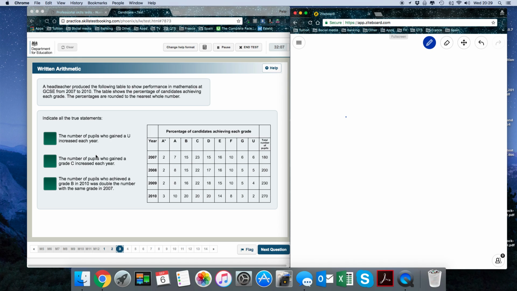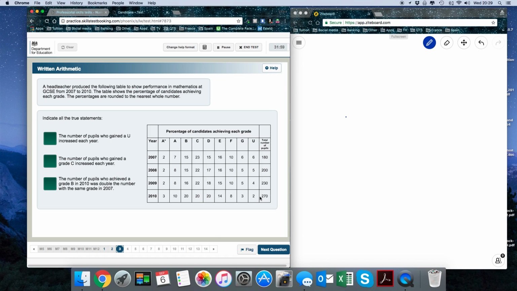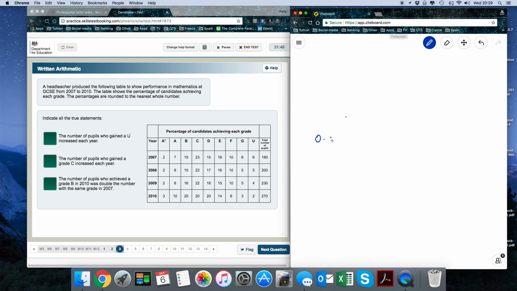Okay, so let's have a look at the first statement. It says the number of pupils who gained a U increased each year. So what most people do is they look at the 6, the 5, the 4, the 2, and they say, nope, it can't have increased. But you've got to be very careful there. The percentage hasn't increased, but the question is asking us about the numbers of pupils. So we need to do a little bit of work. We're going to work out what 6% of 180 is. This is 2007.